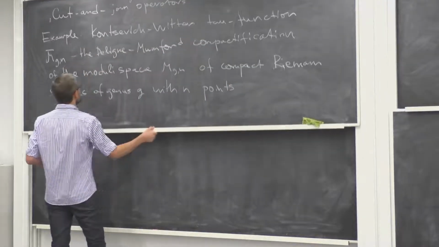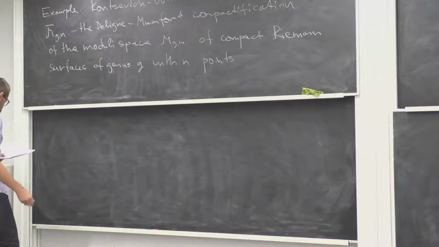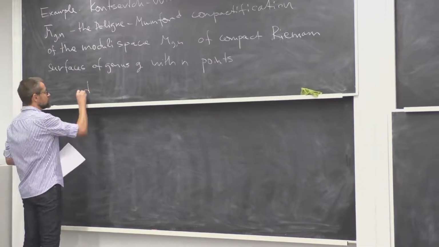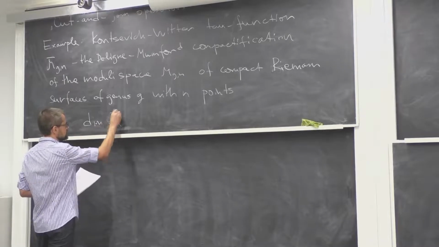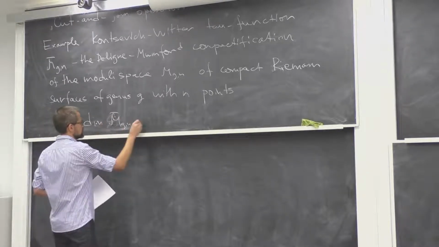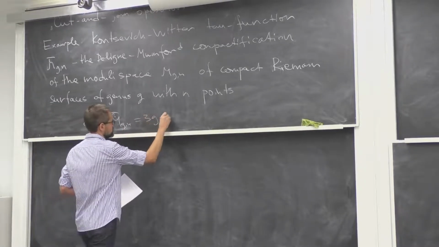So this is a singular complex orbifold, and the complex dimension is 3g minus 3 plus n.